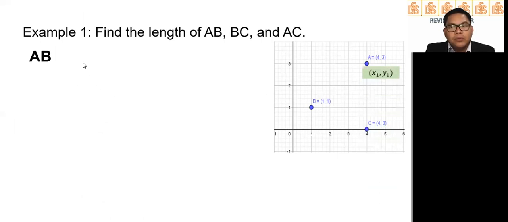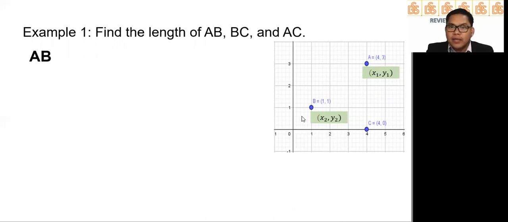To find the distance from A to B, we will be needing these points, A and B. We represent x1 as 4 and y1 as 3. x2 is 1, y2 is 1.